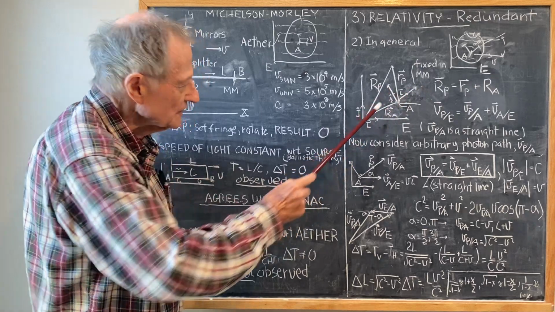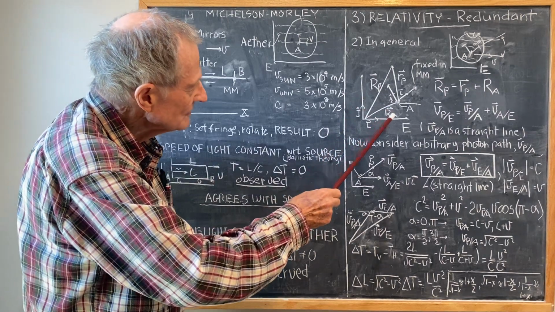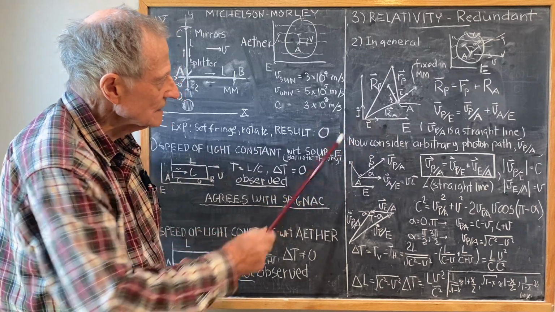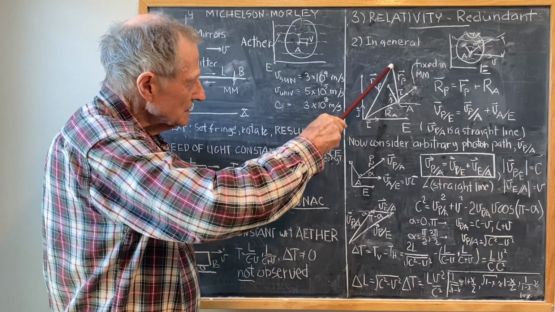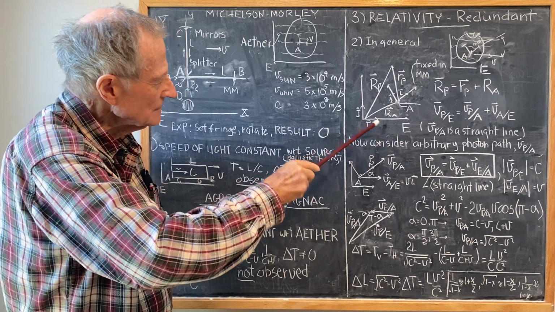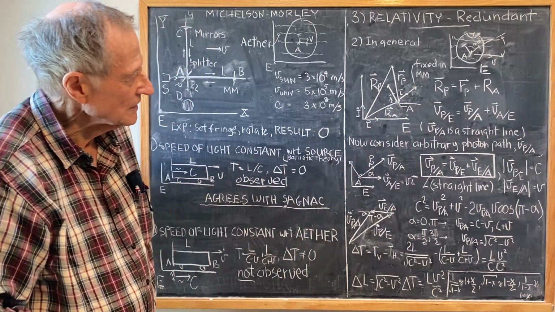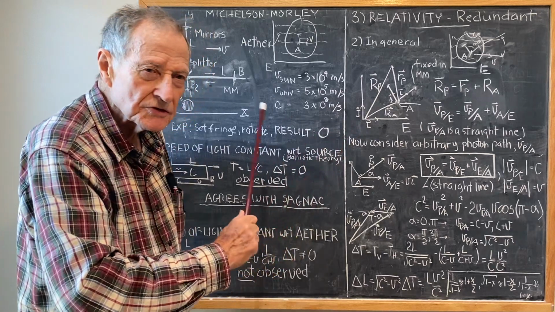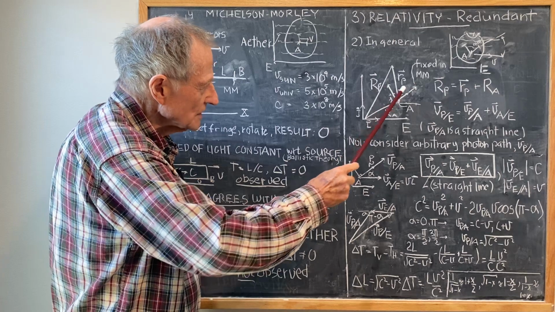This represents any frame in the Michelson-Morley experiment traveling at velocity v with respect to the ether frame E. And the photon is at some arbitrary position, rp with respect to the origin of the ether frame, and it has a position rp with respect to the moving frame, where the moving frame is assumed to be traveling at constant velocity. That's important because i and j don't vary with respect to time.